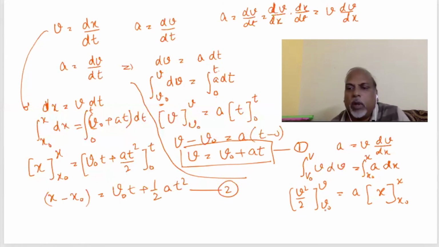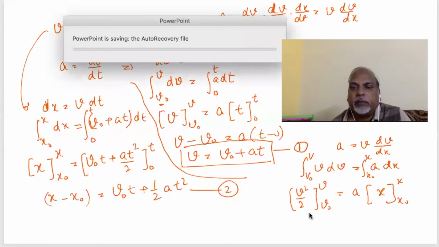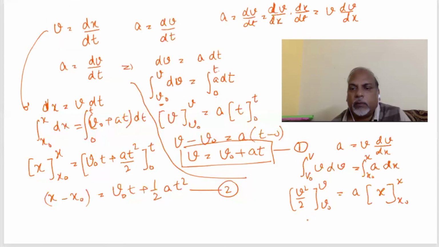So here, what will it give? v square by 2 minus v0 square by 2 is equal to a into (x minus x0).